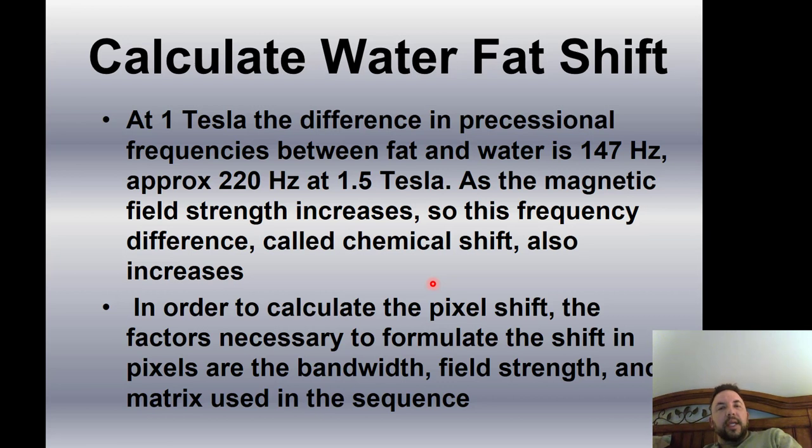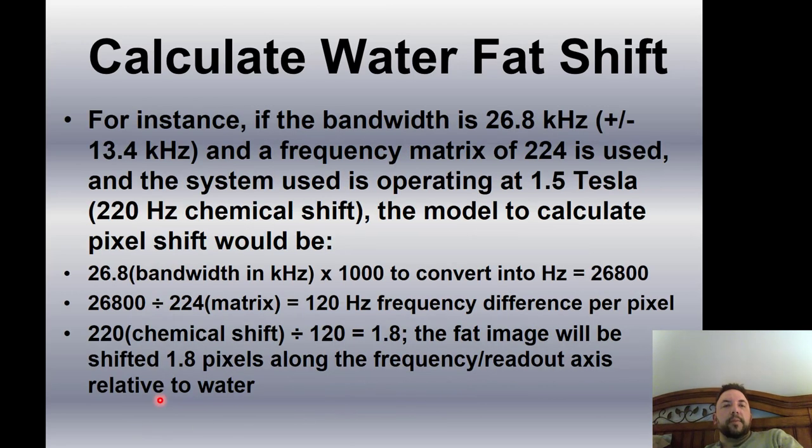So in order to calculate the exact pixel shift, or if you wanted to know exactly how much chemical shift is going to be in my image, what can I expect? The factors necessary are bandwidth, and specifically I mean frequency bandwidth, field strength, and the matrix used in the sequence. So bandwidth, field strength, frequency matrix.